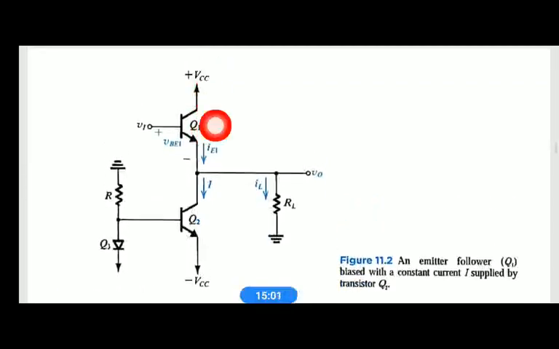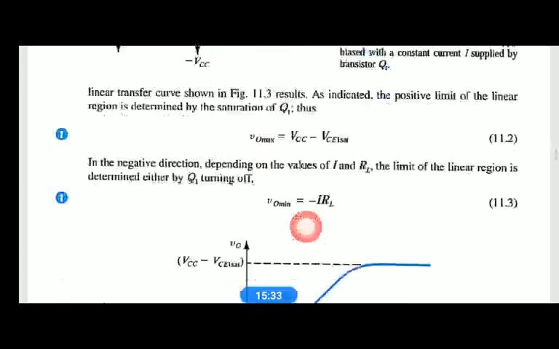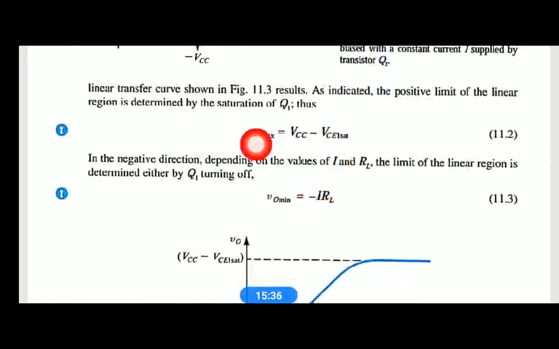If you apply the KVL, you get V0 plus VCE, which is the collector-emitter voltage of Q1, minus VCC. Or, taking from this side, VCC minus VCE minus V0 gives you V0 equal to VCC minus VCE.